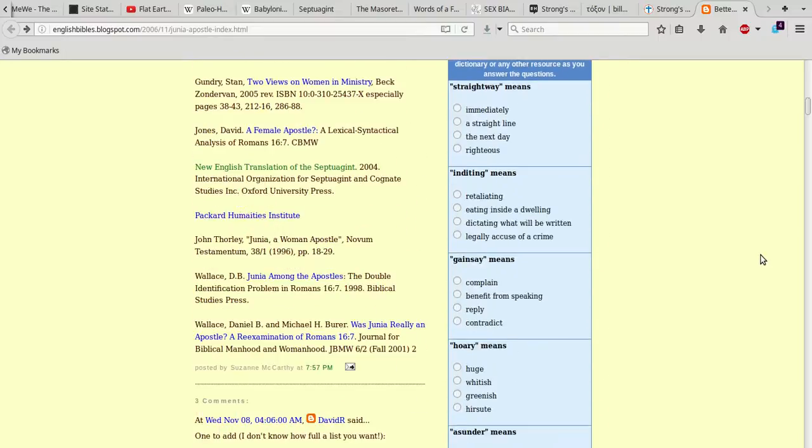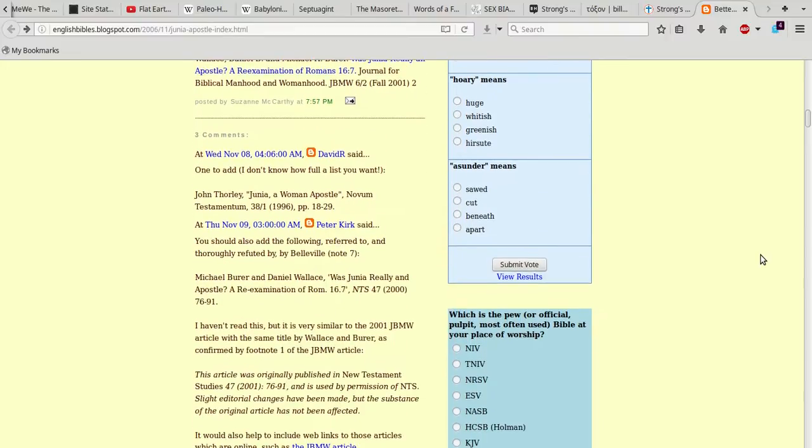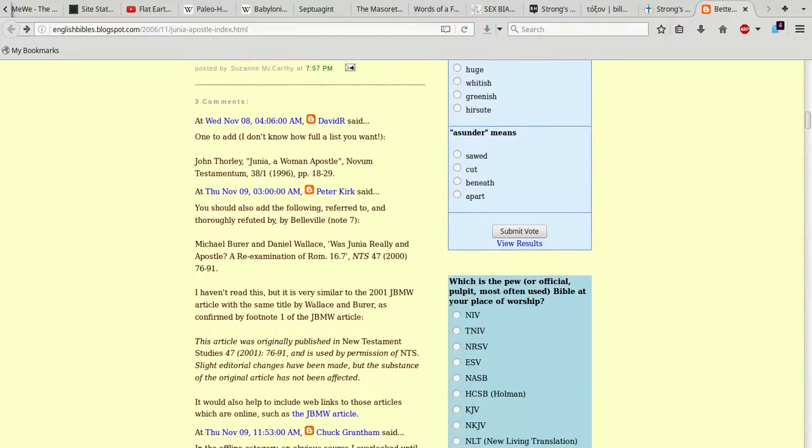And the argument is over whether Junia was male or female. Now, Junia is a female name, but the people on the committee, the United Bible Society's committee, couldn't endure the thought of a female apostle, because this Junia is called an apostle, and an outstanding one in that context.